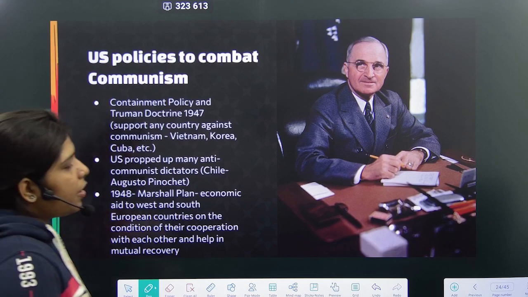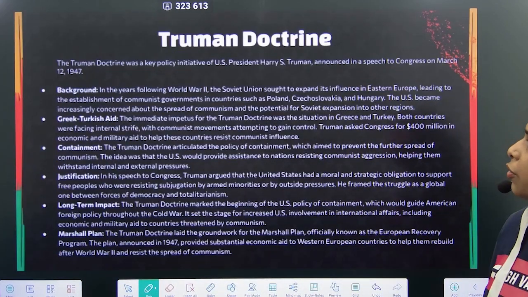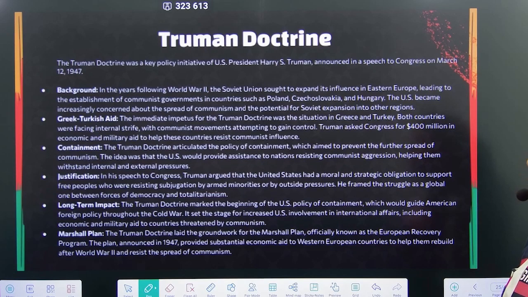Let's start to understand the Truman Doctrine and then we'll come back over here once again. The Truman Doctrine was a key policy initiative of President Harry S. Truman. It was announced in a speech in March 1947. In the years following World War II, the USSR tried to expand its influence, I told you, in Eastern Europe.